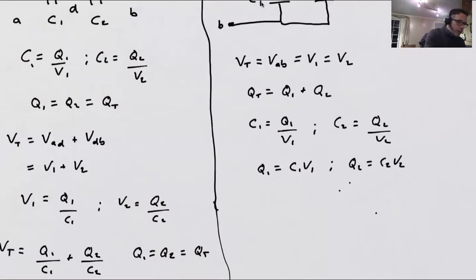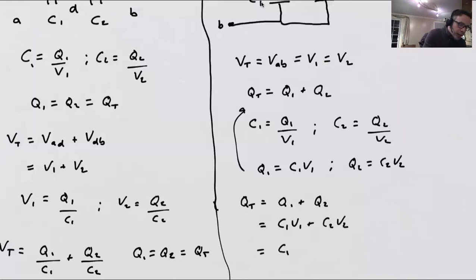But remember, we said that V1 and V2 are the same as V total. So if we use that in the formula up here, namely conservation of charge, then we see that Q total has to be Q1 plus Q2, which now we rewrite as C1 V1 plus C2 V2, but we replace V1 and V2 with V total.